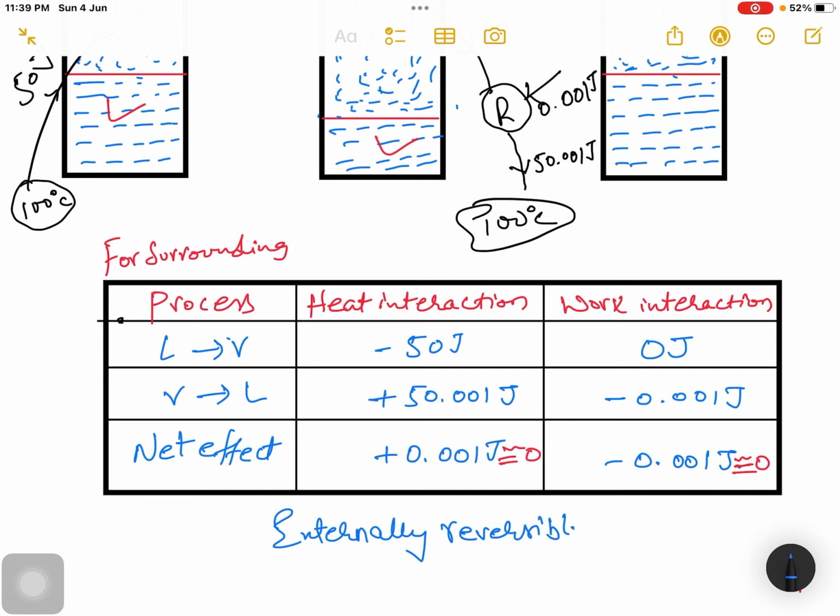Okay, so I can define externally reversible process as if there is no irreversibility outside the boundary of the system is known as externally reversible process.